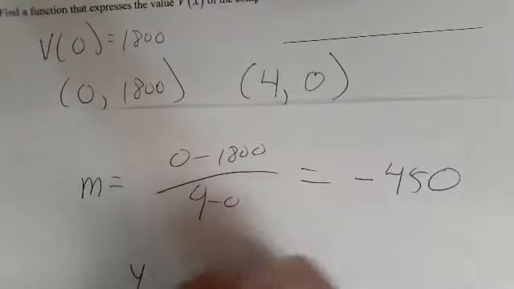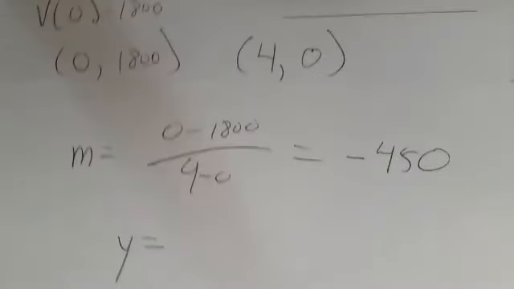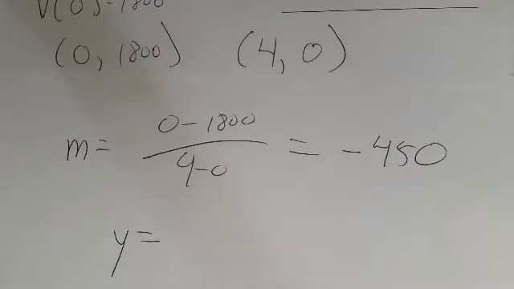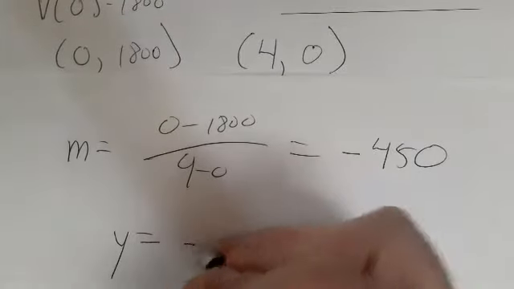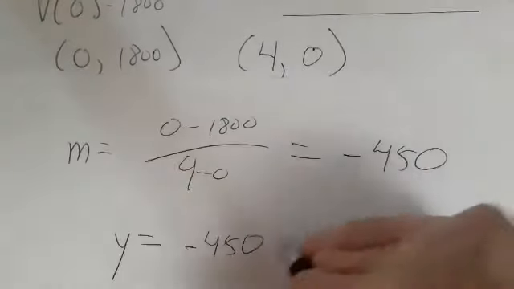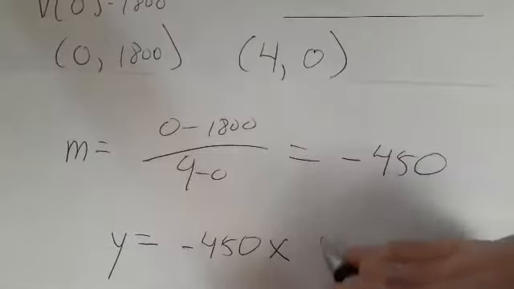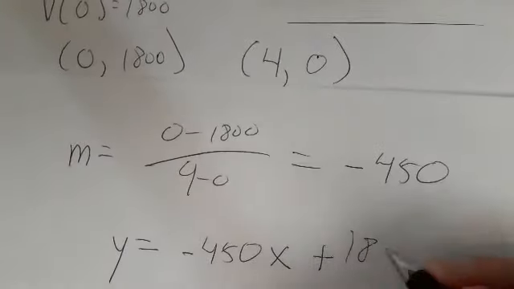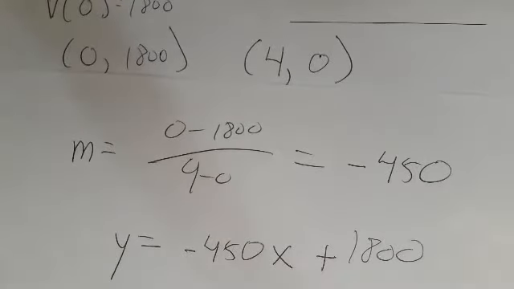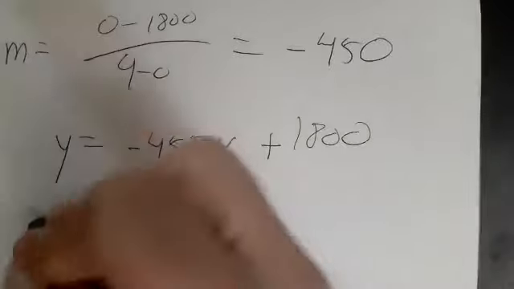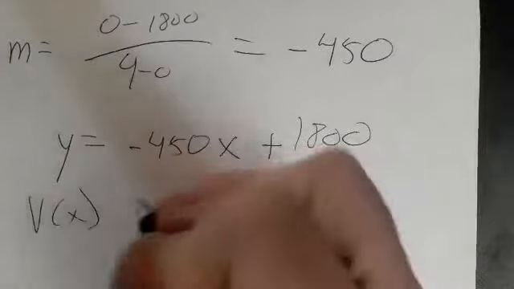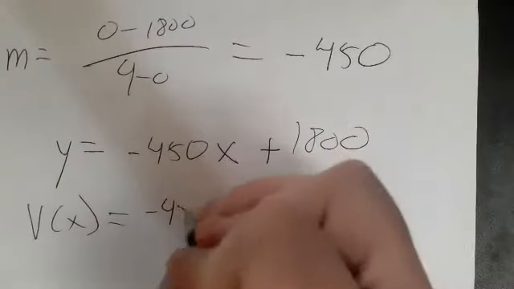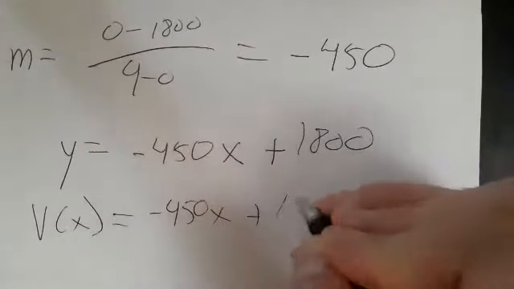I can go straight to slope intercept form. Minus 450 is my slope, it has an x attached to it, plus my intercept, which is 1,800. Now I need to convert to function notation. Instead of y, I'm writing v of x and writing everything else down exactly the same.